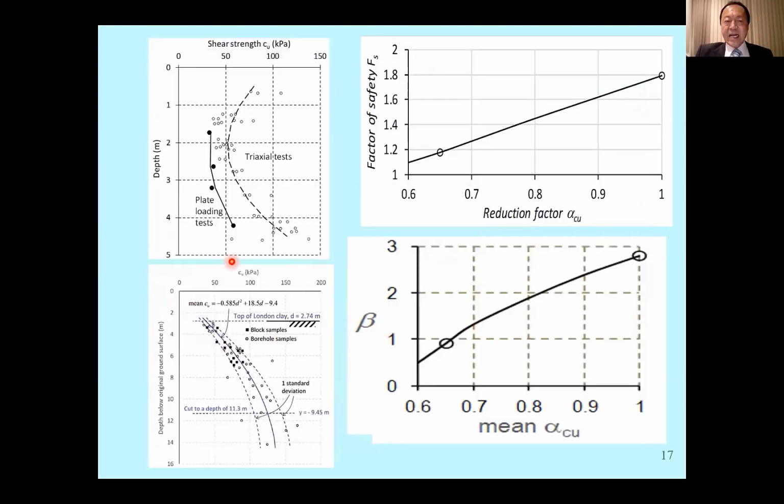This is London clay, stiff and fissured. Triaxial tests in the lab on small specimens may not capture the fissures. Plate loading tests at the site, with a larger volume being tested, can include some of the fissure effects. And you can see the implied undrained shear strength.